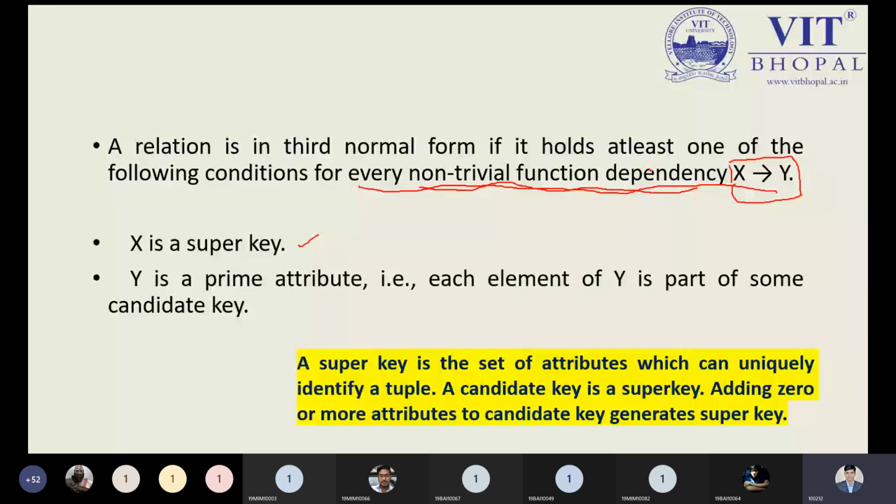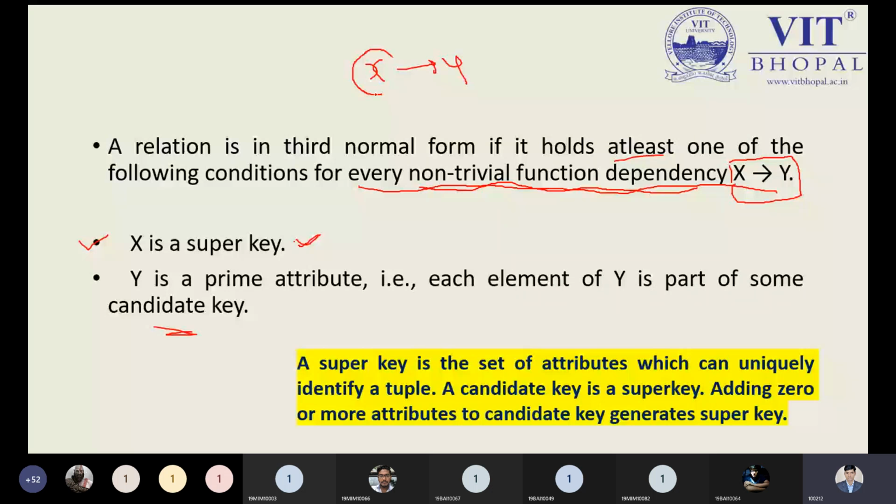At least what is written over here? At least one of the following conditions must be followed in the third normal form. X should be a super key, or Y is a prime attribute, where each element of Y is part of some candidate key. This is the point we need to keep in mind. If X determines Y, then X is a super key, or Y is a prime attribute.